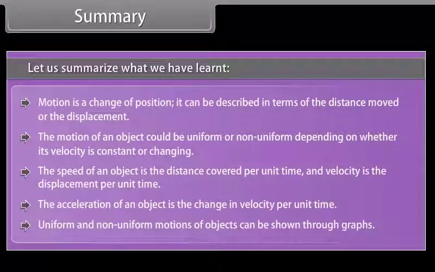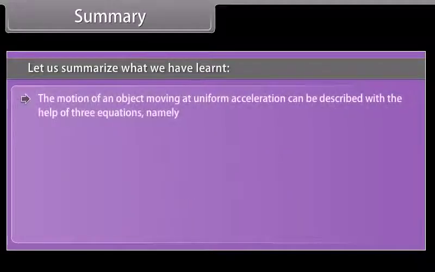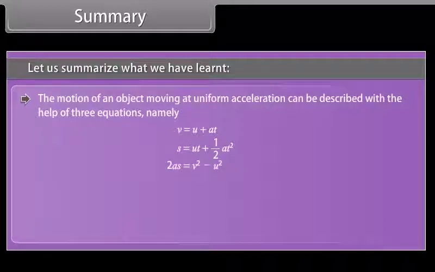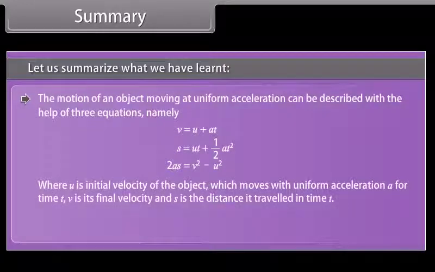Uniform and non-uniform motions of objects can be shown through graphs. The motion of an object moving at uniform acceleration can be described with the help of three equations, namely v is equal to u plus at, s is equal to ut plus 1 upon 2 at square, 2as is equal to v square minus u square, where u is the initial velocity of the object which moves with uniform acceleration a for time t, v is its final velocity, and s is the distance it traveled in time t.